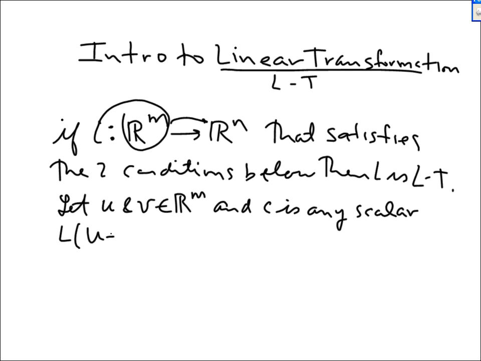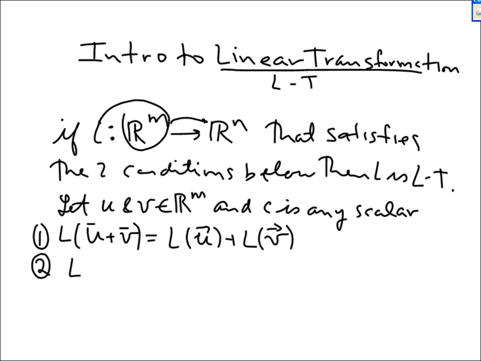L of U plus V is equal to L of U plus L of V. That we'll call condition 1. Condition 2 is L of C times U is C times L of U. If those two conditions are met, the mapping L is a linear transformation.